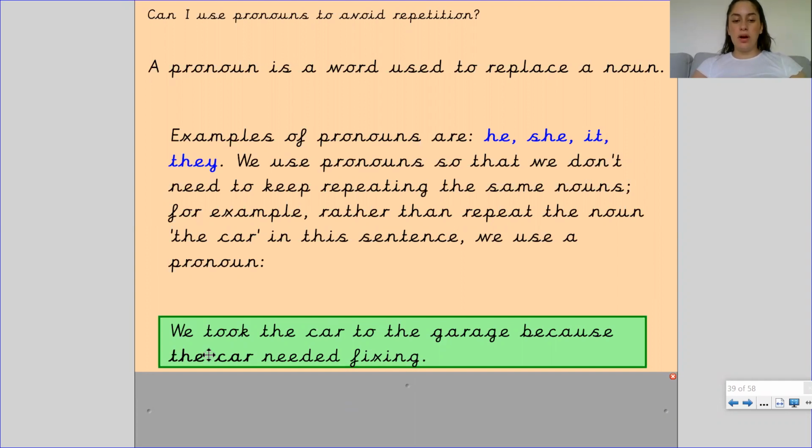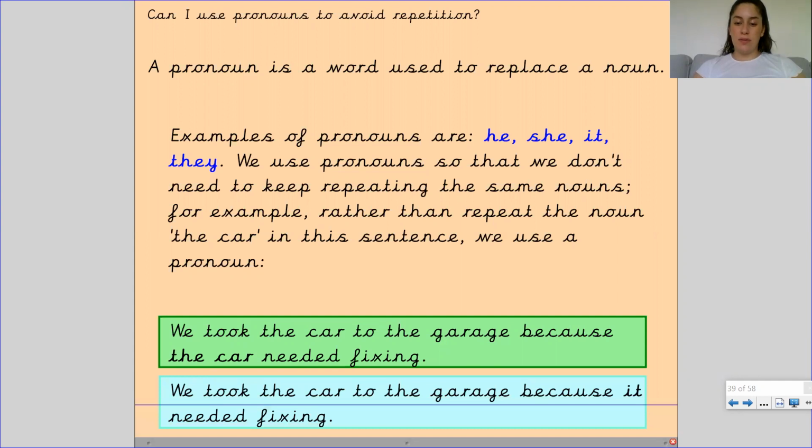Instead of using the car twice, we're going to use it at first in the beginning of the sentence to give some context to the sentence so the reader knows what we're talking about. We took the car to the garage because, what could we replace the second the car with? We took the car to the garage because it needed fixing.